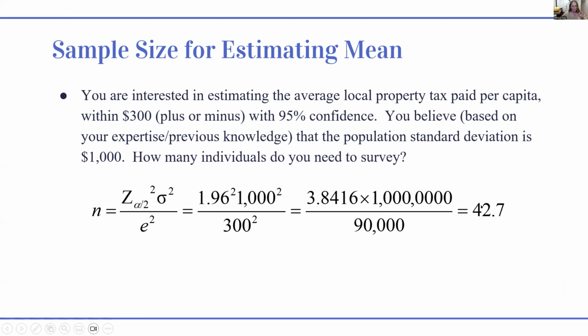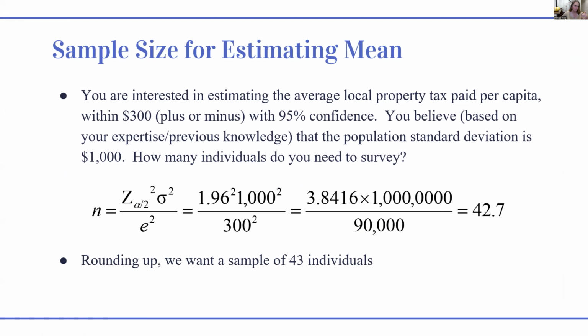So to estimate the local property tax to within 300 of the true mean, you need to sample 42.7 people, or round up, 43 people, right?